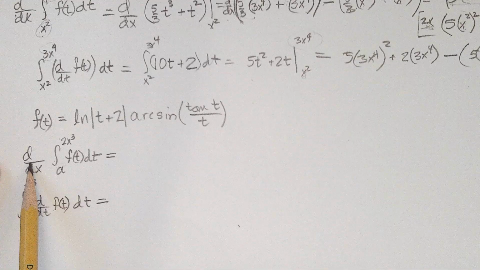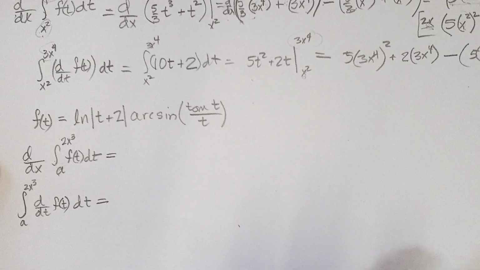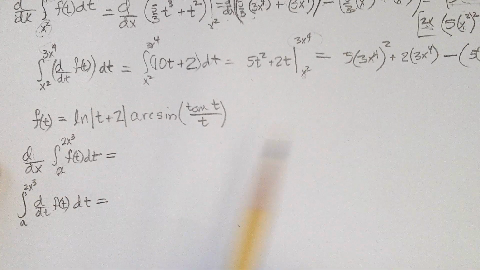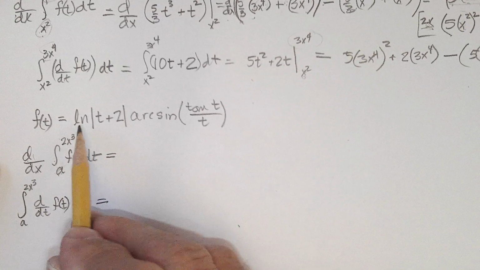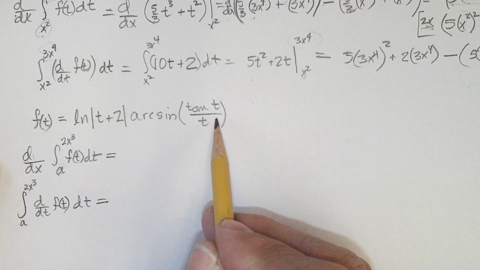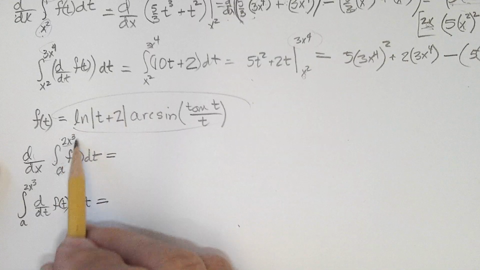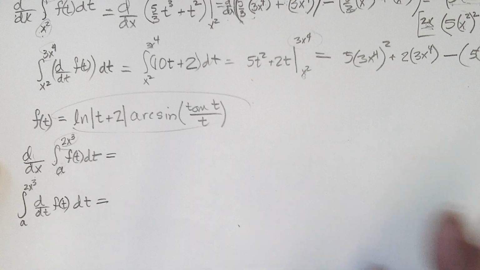When it's on the outside, and if the a is just a constant, it's not going to be a problem because when I take the derivative of a constant into a function, it's going to be gone. So I would integrate this into some crazy mess, and then I'd have to take the derivative, would go right back to this, and I'd be plugging this in. And when I plug a in and take the derivative, it's going to be gone.